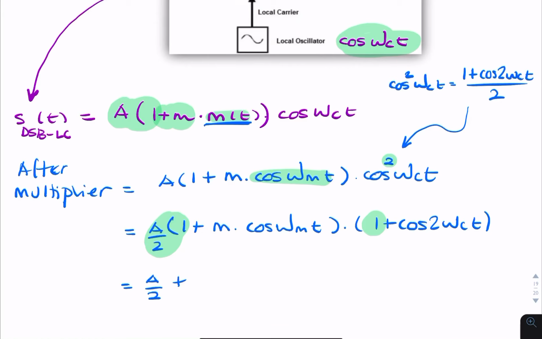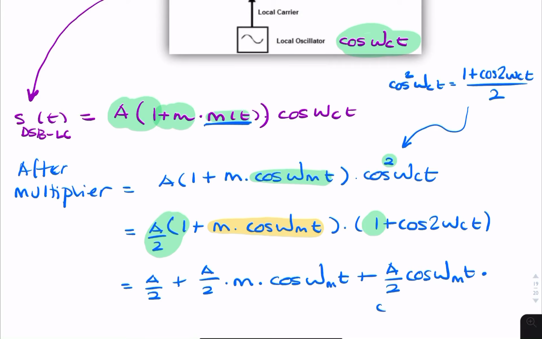You're going to have this term here, so let's write that as A over 2 times m times cosine omega mt. And then you're going to have the product of the two cosines, so we can write that as A over 2 cosine omega mt multiplied by cosine 2 omega ct.